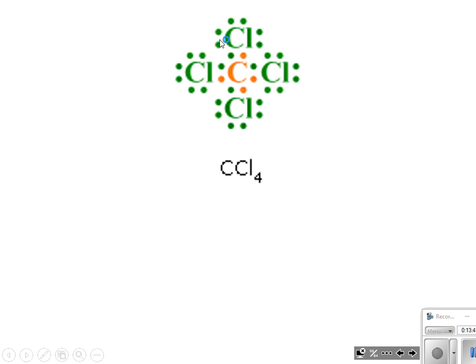I have bundles of lone pairs of electrons here, don't I? But none of them are around carbon, are they? So how many lone pairs are around carbon? 0. So by using the AX method, here is my AX: AX4E0.